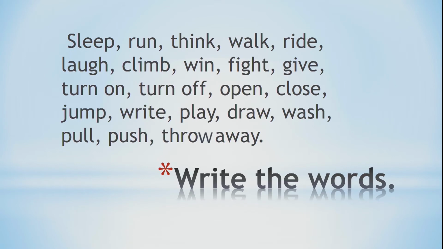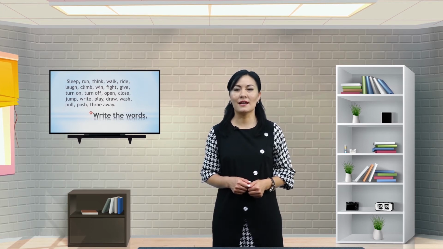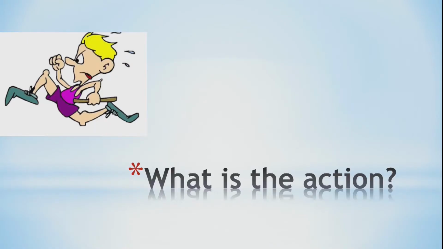Good job, children. Now I'll show you a picture and you'll act it out and say the verb, okay? Let's start. What is the action? Yes, it is run. Show me how fast you can run. Great job. What is the action?